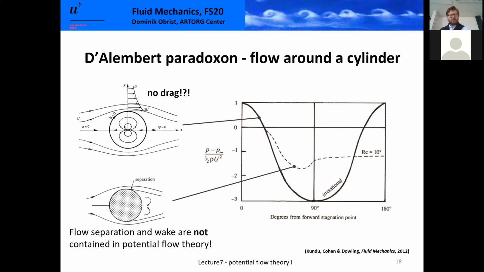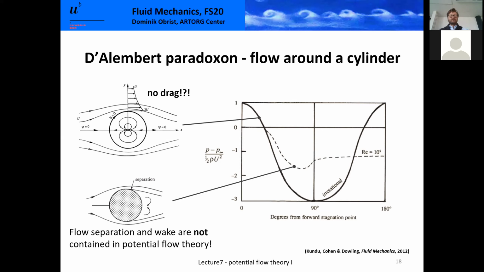If you have a stagnation point here, you will also have a stagnation point on the opposite side. That means if you have increased pressure pushing the cylinder in downstream direction, you will also have the same pressure force in the opposite direction, pushing the cylinder the other way. So in these potential flows, drag for a closed body will always be zero.